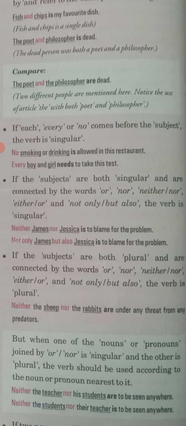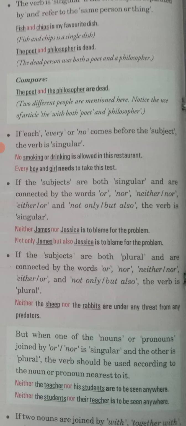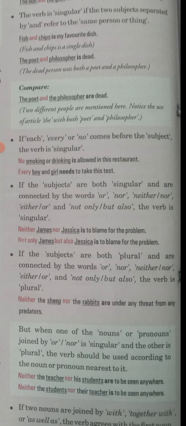So if these words come before any subject, no, every, each, we will always use a singular verb. Like every boy and girl needs. So here "needs" is also a singular verb. So these are the points which you have to keep in your mind or learn. It will not come automatically.